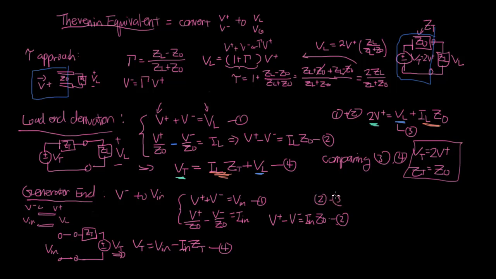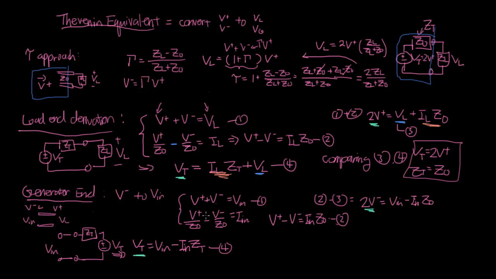So if we subtract 2 and 3, now we're going to have 2V minus is going to be equal to Vn minus In Z naught. And so now, once again, let's do our comparison. We have this 2V naught over here, 2V minus over here. That matches up with this.